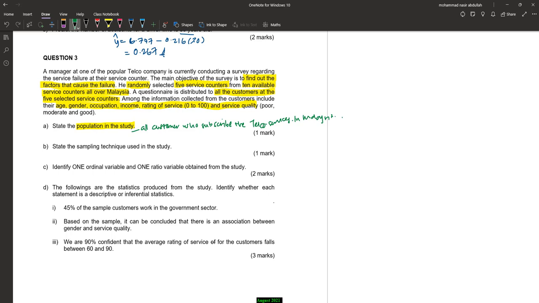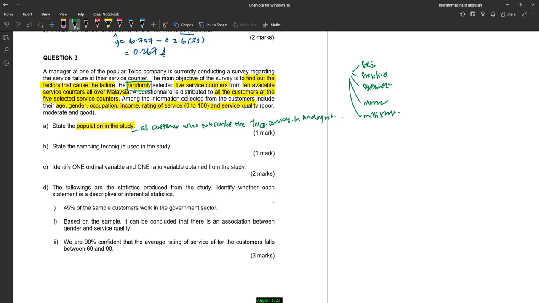So state the sampling technique used. So what is the sampling technique used in this study? In this statement, they are already clearly stated randomly selected, kan? So we're going to use a random sampling technique. We have simple random sampling, stratified, lagi kita ada systematic, and then we have cluster, and we have multi-stage.